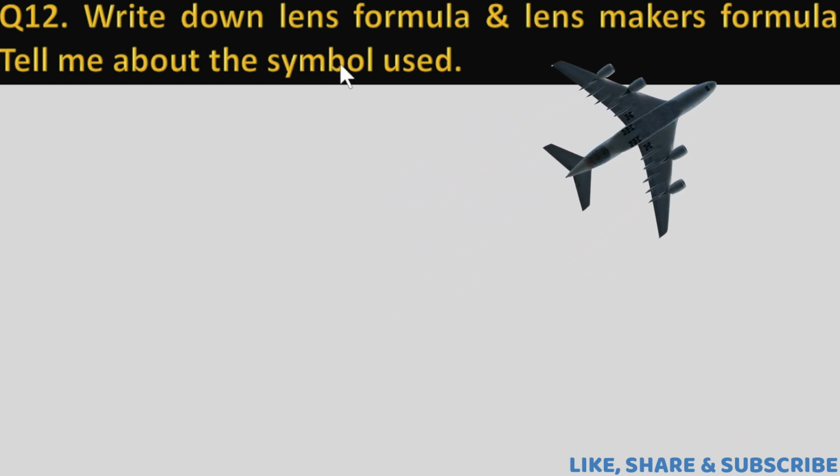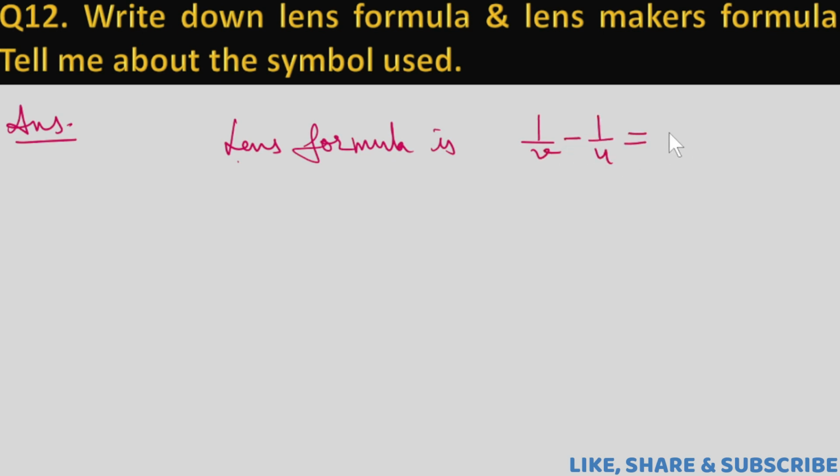You're supposed to write the lens formula as well as the lens maker's formula. Lens formula is 1 by v minus 1 by u equals 1 by f.